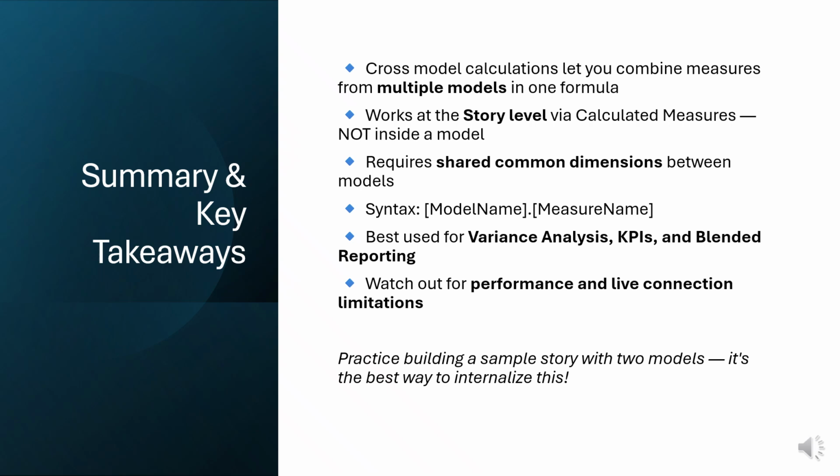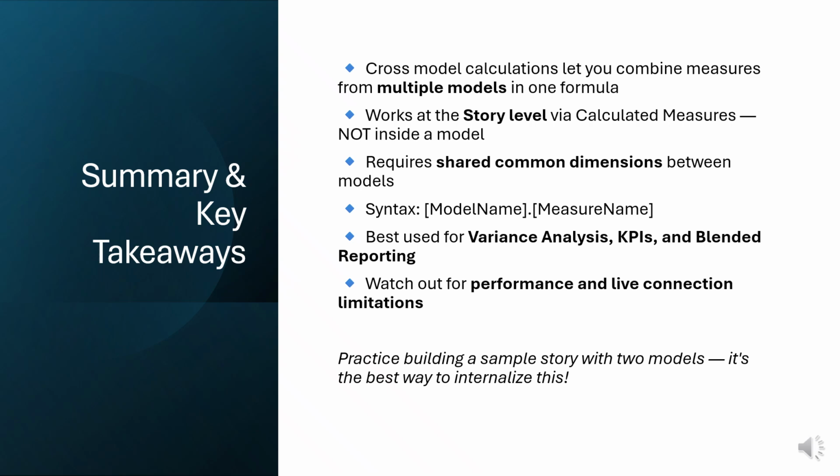Remember, this feature works at the story level only and not inside the model. The shared common dimension is the glue that holds the data together. Without it, your calculations won't align. The syntax is simple: model name dot measure name. So be aware of the performance implications and live connection limitations, and always test thoroughly before going to production.